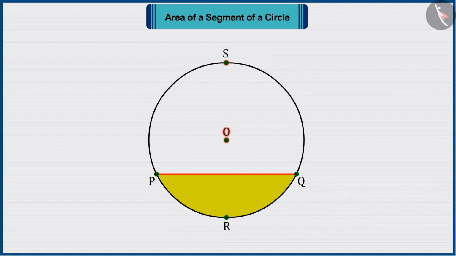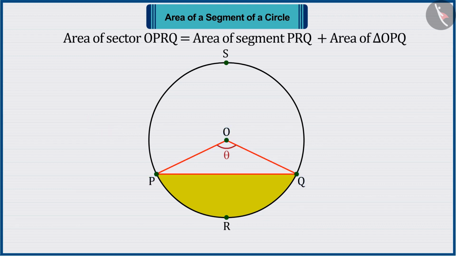For this, from the center O to the chord PQ, draw radii OP and OQ, where the value of angle POQ is assumed to be theta. Observing the figure carefully, we can say that the area of sector OPRQ is equal to the sum of areas of segment PRQ and triangle OPQ.